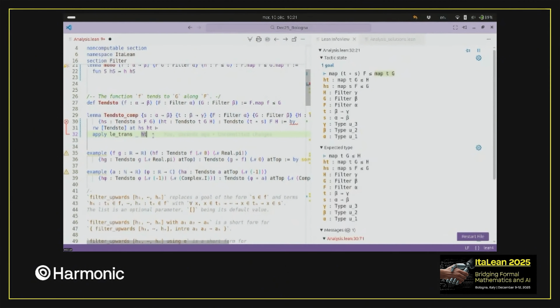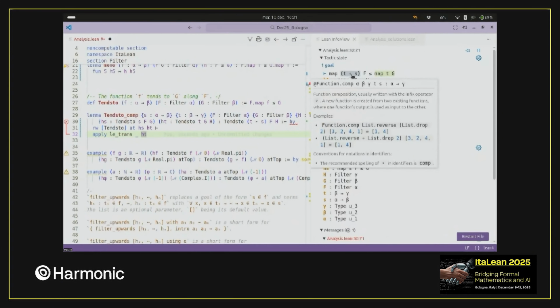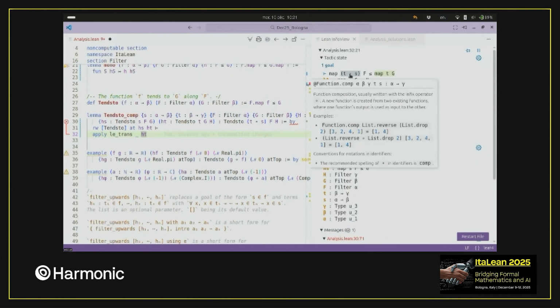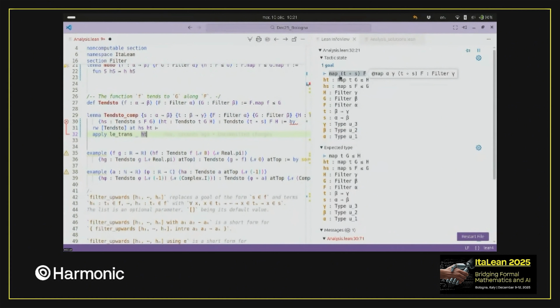Okay, and now I need to prove this inequality. But this I can restate. What is the push forward of my filter through the composition of 2 functions? Well, this is the push forward along phi of the push forward along S of F. So this thing here, you can rewrite as map T of map SG is less or equal than map TG.